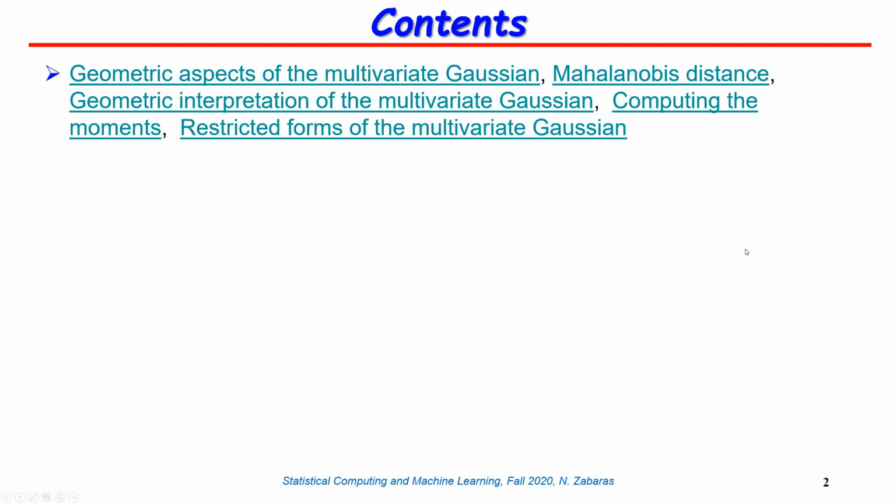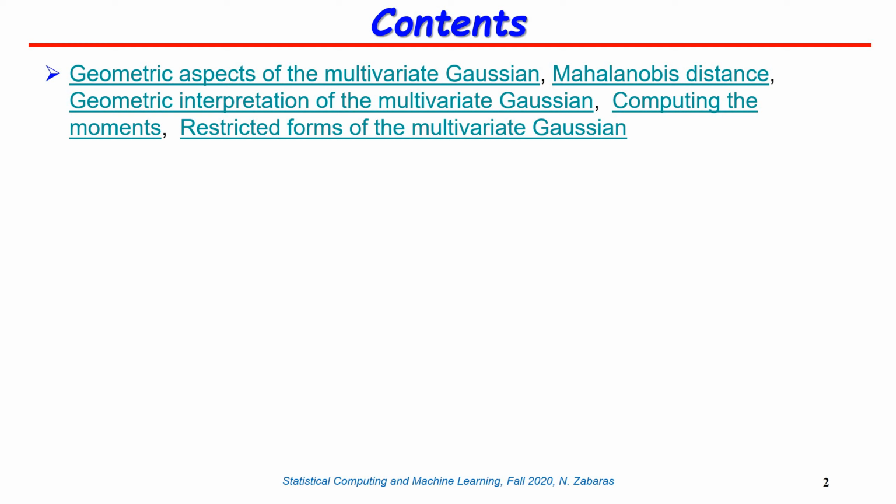We will highlight how you compute the moments, things such as the mean and the variance for the multivariate Gaussian, and then also the limited cases of the multivariate Gaussian, and say a few words on how later on the multivariate Gaussian is going to serve us in a big way in other aspects of machine learning.